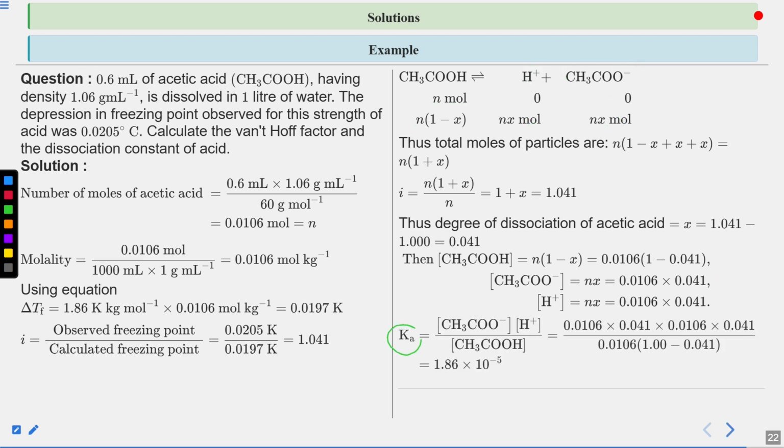Finally, the Ka value will be the product of the concentration of the products divided by the concentration of the reactant. Yes, your x is your alpha here. Same alpha is taken as x in this case. So that will give you 1.86 into 10 to the power minus 5 as the final Ka value.